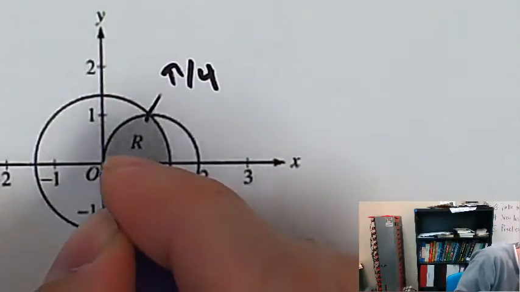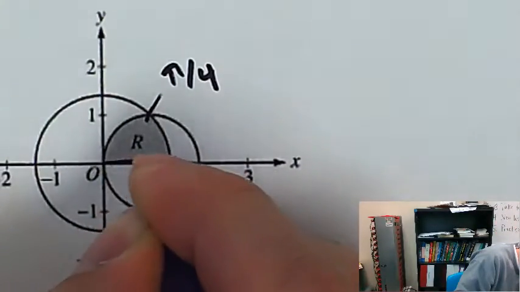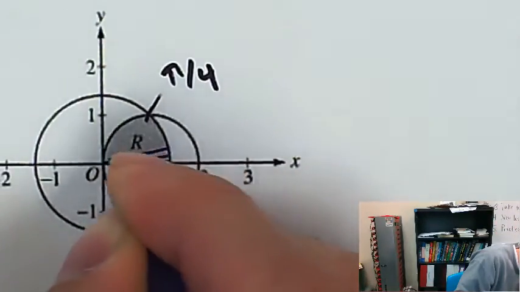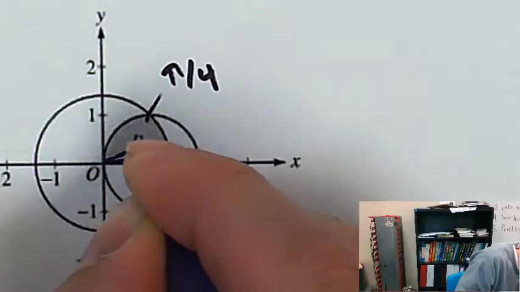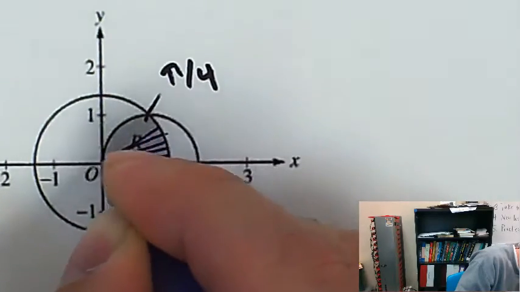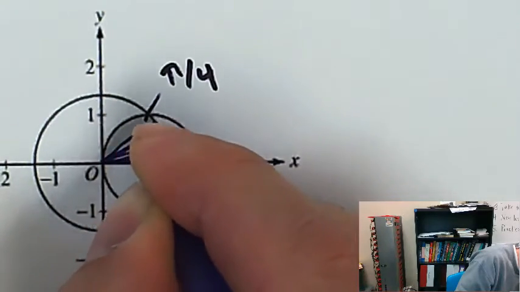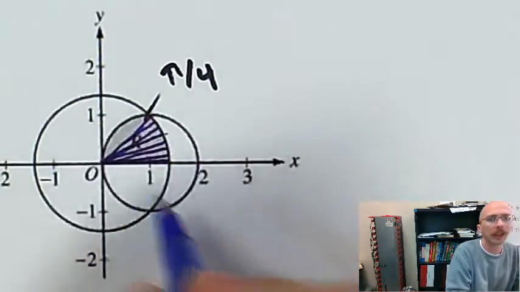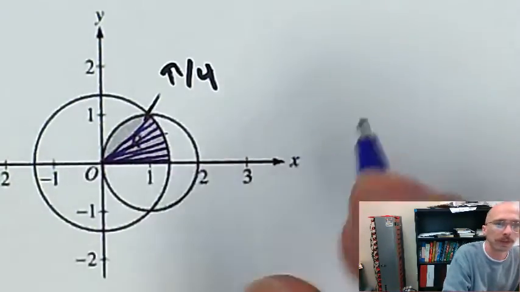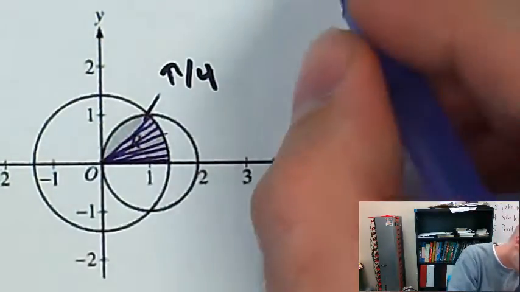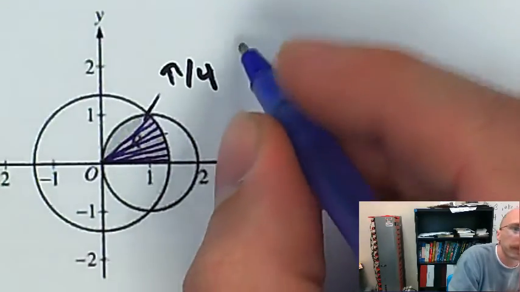We're starting at theta equals 0, and we're just going to keep adding areas this way as we're rotating. Adding up these pieces of pizza. And then we get to here, and then it changes.